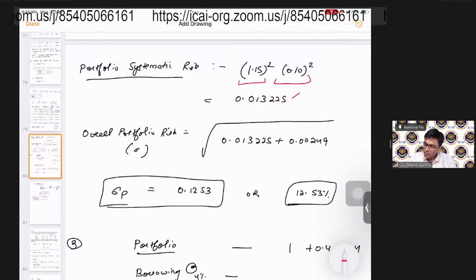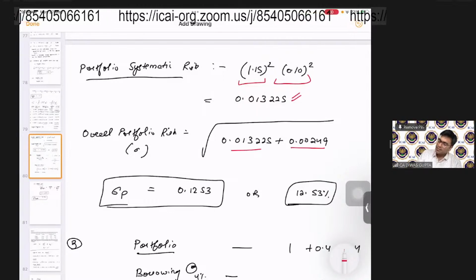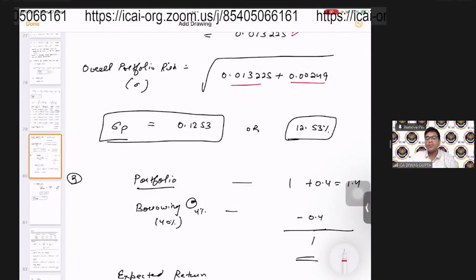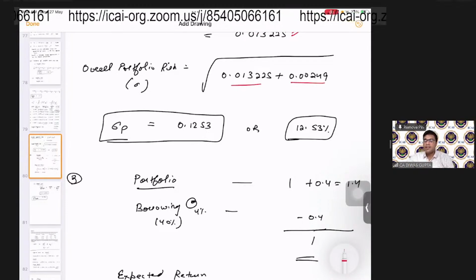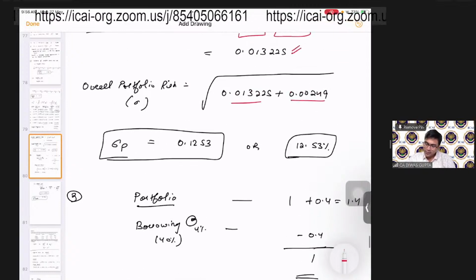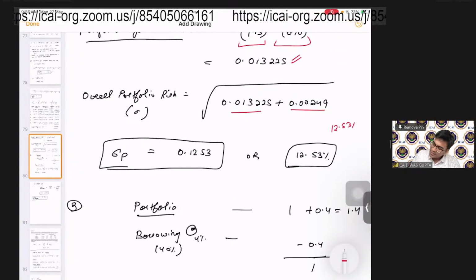So this gives an overall value of this much. Now, if you add systematic and unsystematic, which is coming from here, and take a square root of that, that will give us the portfolio standard deviation. Clear till now? So the portfolio standard deviation is 12.53%.